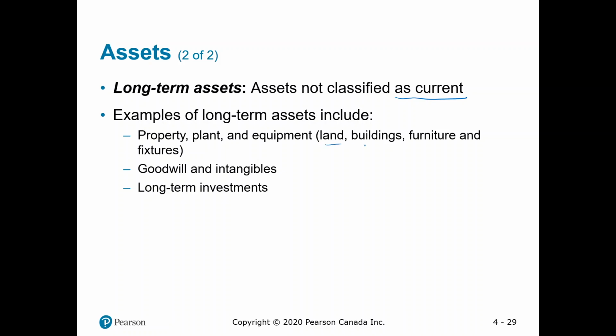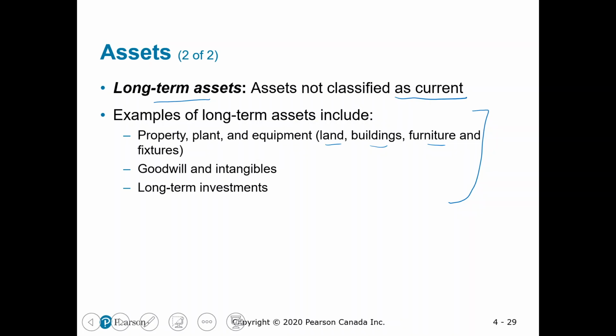So our land, our buildings, furniture, vehicles, things like that, as well as goodwill and intangibles, and long-term investments. These would go under long-term assets because the benefit of each of these is beyond 1 year, beyond 12 months.